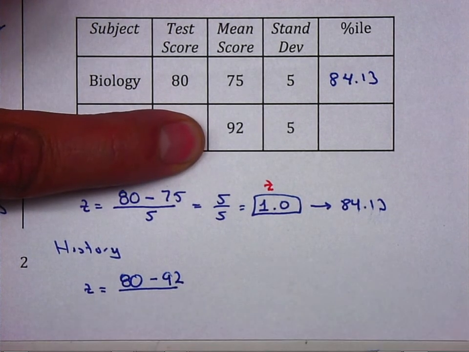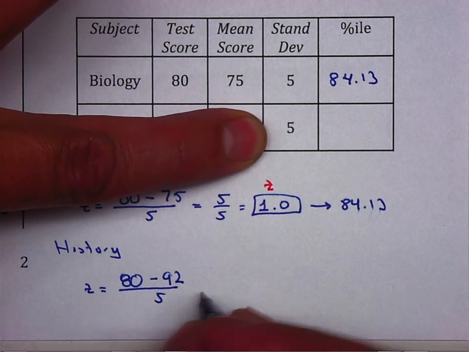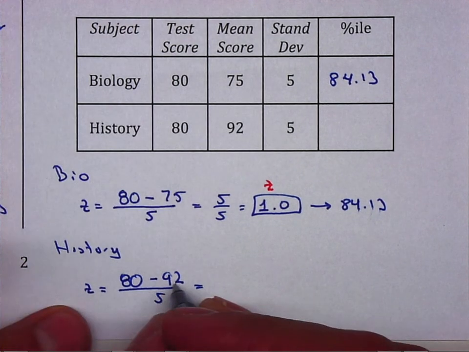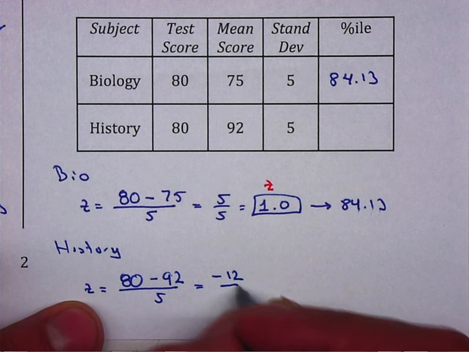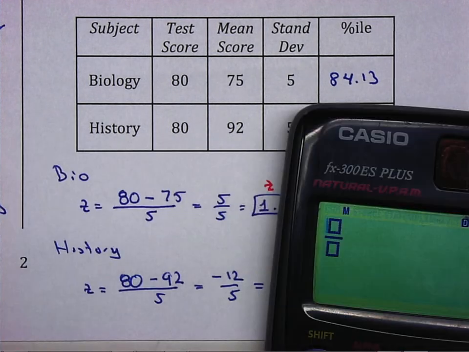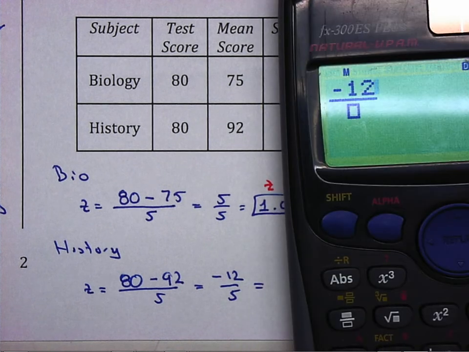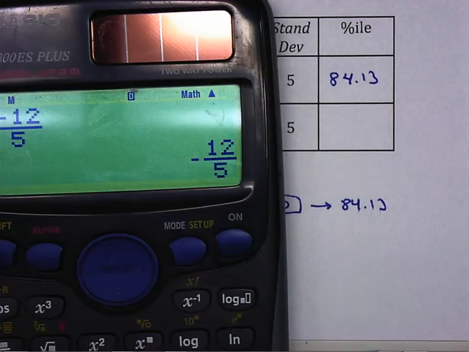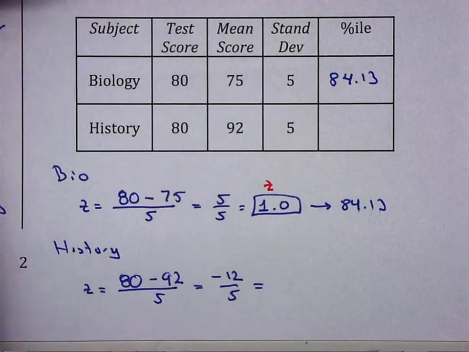In your history class, you also received an 80 in your score, but the mean was much higher, and the standard deviation was also 5. So 80 minus 92 is negative 12, divided by 5. I'm going to use my calculator to calculate this. So negative 12, make sure that you use your negative and not your minus, divided by 5. And that gives me a value of negative 2.4.